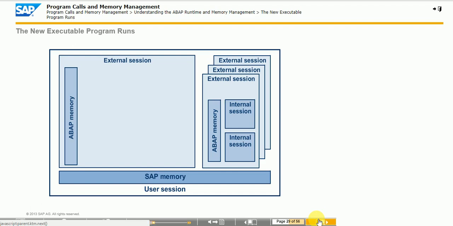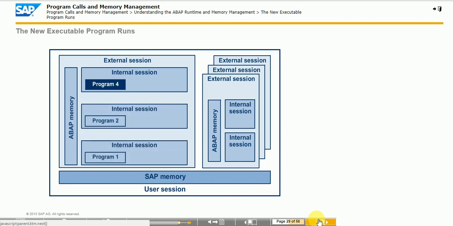The system destroys the internal session of the program that you are terminating, that is, the top program in the stack. The system creates a new internal session, which contains the program context of the called program. The system then places the new session in the stack and retains any previously created program contexts. The topmost internal session in the stack is thereby replaced.